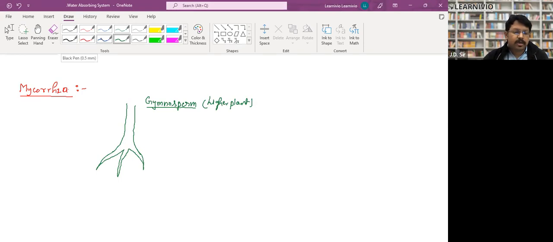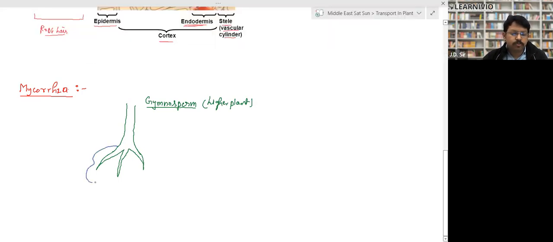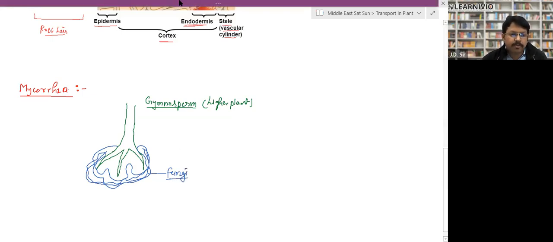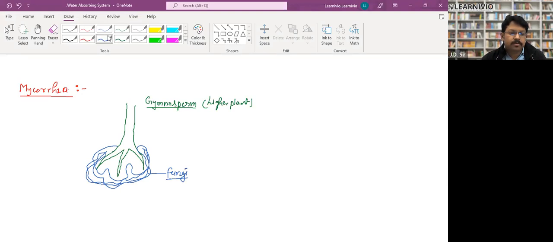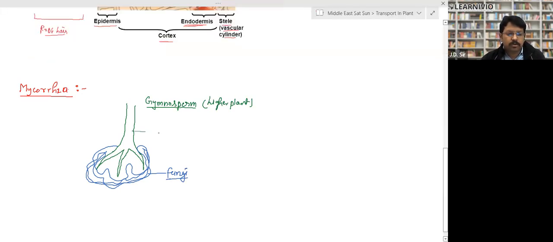So what is that? Around the root of gymnosperm, there is a covering of a network of filament. They are fungal filament, right? So this is the fungi, and the above part is the root. What happened? Fungi give water and mineral to root.